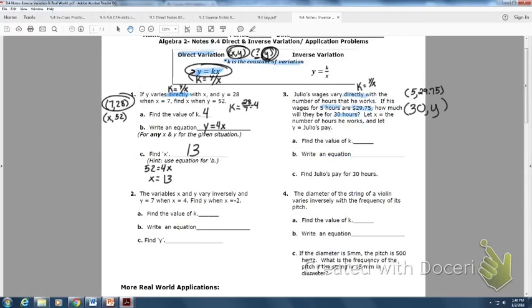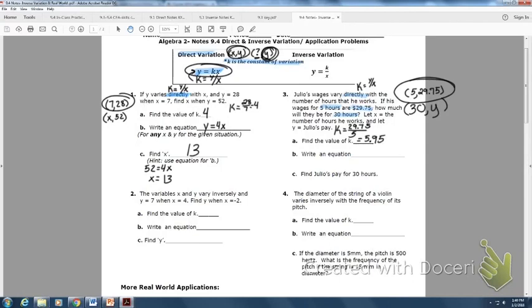Okay, so to find the k, I'm going to take the points from the coordinate that I have. So that's going to be 29.75 divided by 5. So that tells me that k is going to equal 5.95.